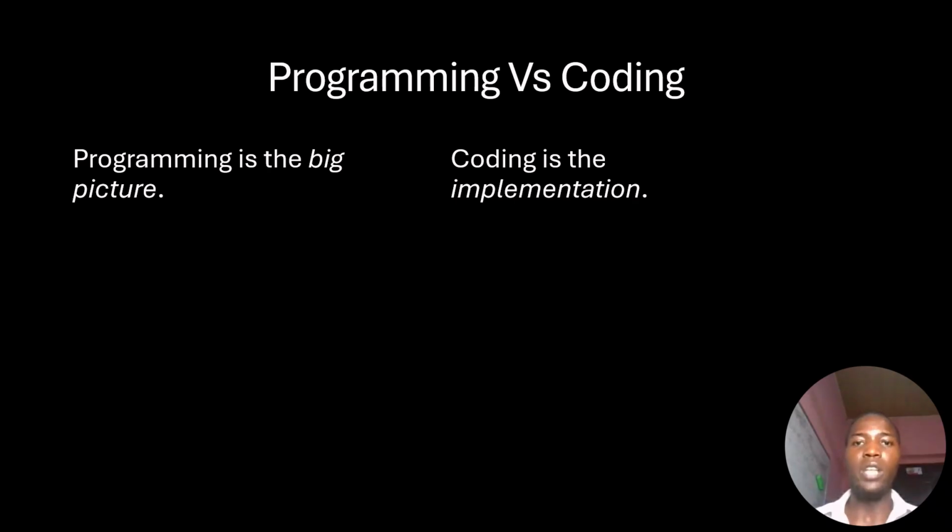So you have designed, you have planned, and you have thought about it, and now you want to implement it with a specific programming language like Python or JavaScript that a computer can execute. So coding is one part of programming, but programming also includes problem solving, testing, debugging, and design.